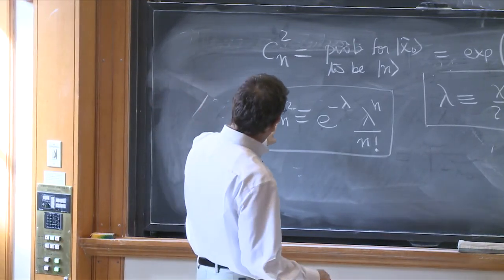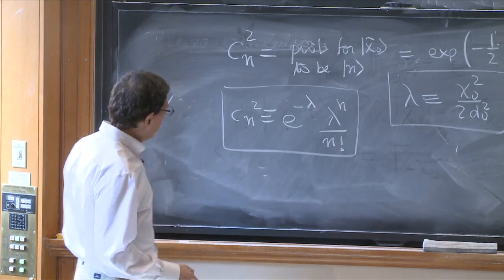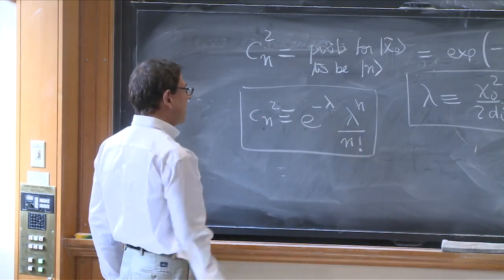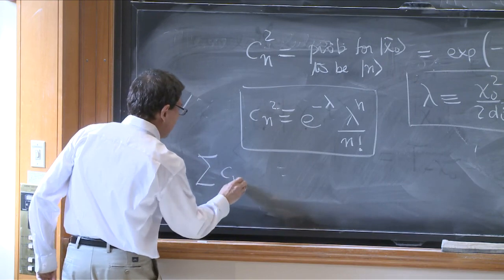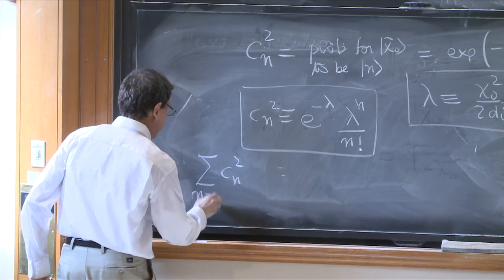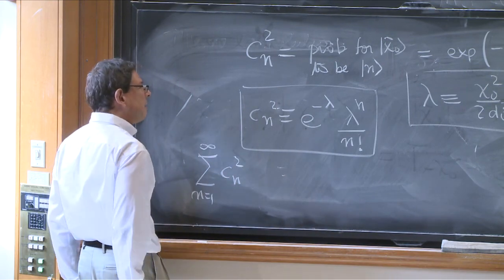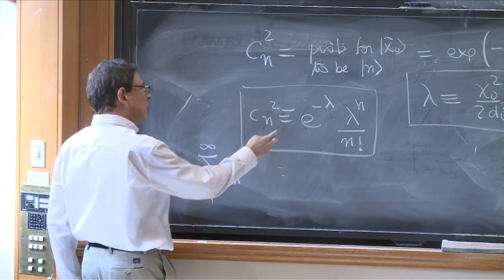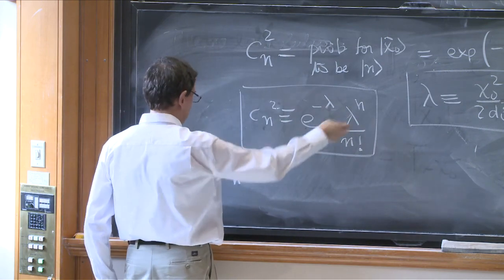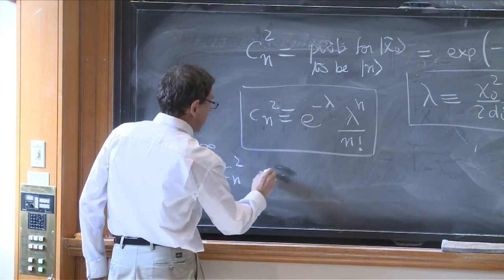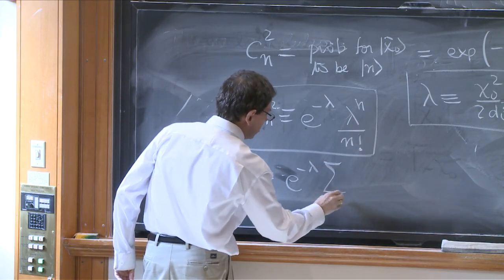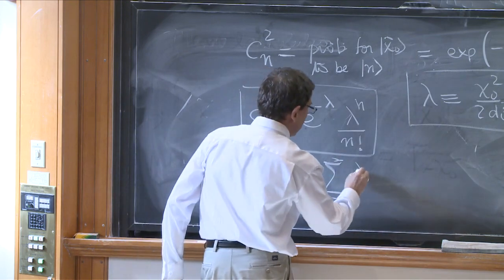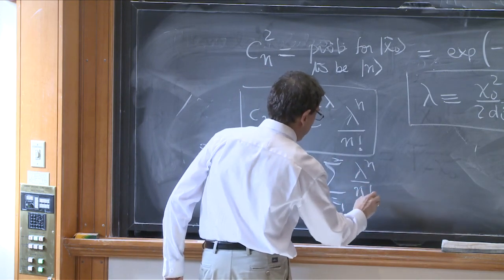So these are probabilities, as I claimed, probabilities to find in n, and indeed, let's check the sum of the Cn squareds from n equals 0 to infinity. Let's see what it is. And you will see you cannot tinker with this. This is e to the minus lambda, the sum from n equals 0 to infinity, lambda to the n over n factorial.